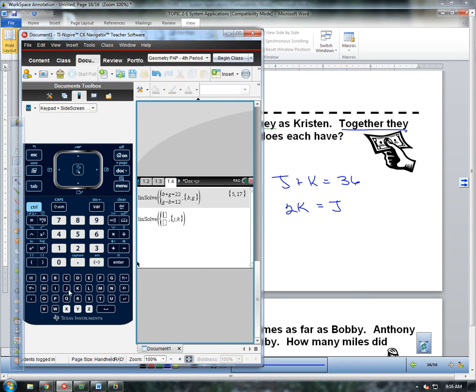So I'm going to say J plus K equals 36. And then 2K, because 2 times Kristen's money should equal Jamie's money, because Jamie has twice as much. Hit enter. So Jamie has 24. Kristen has 12.